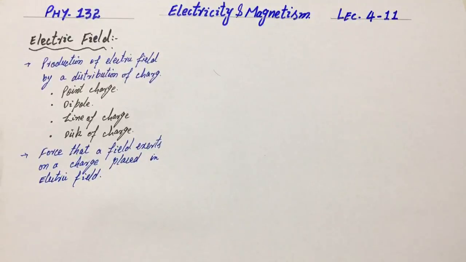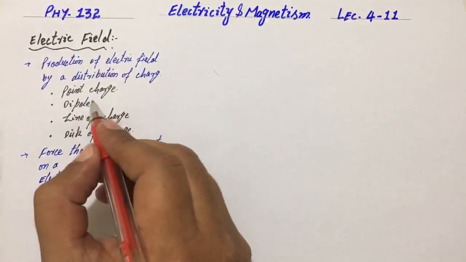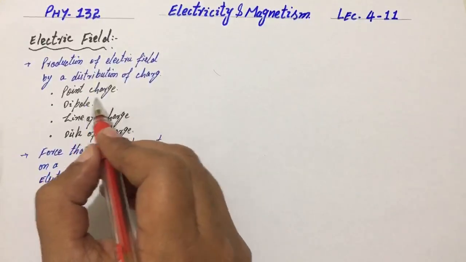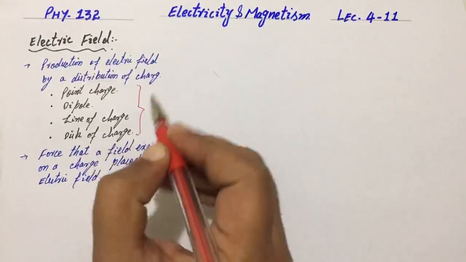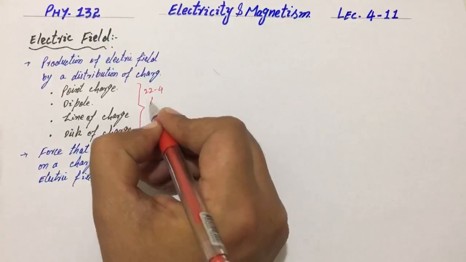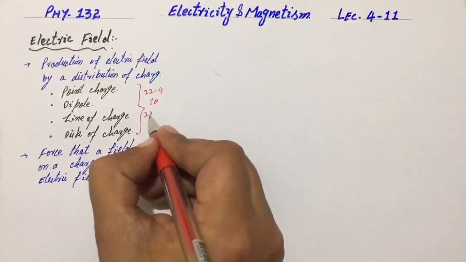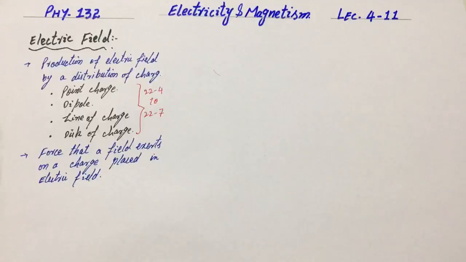In this situation, we have primarily discussed this with respect to the electric field produced by different charge distributions, and these are the articles covered in 22.4 to 22.7 of chapter number 22, which is related to the electric field.